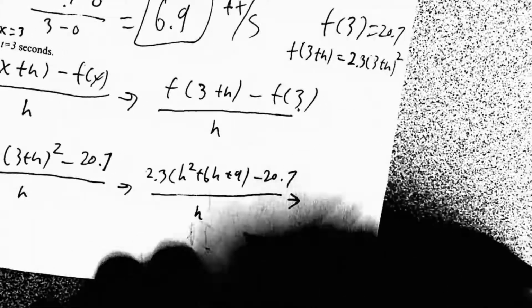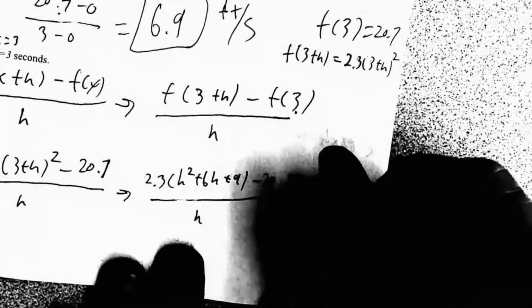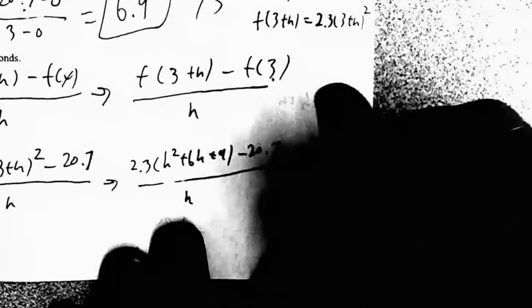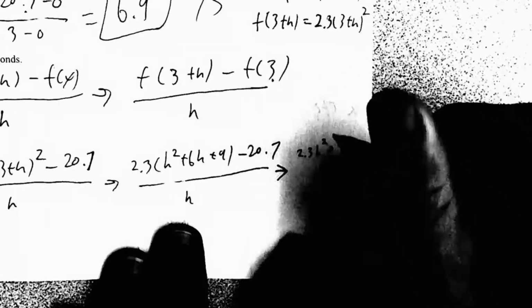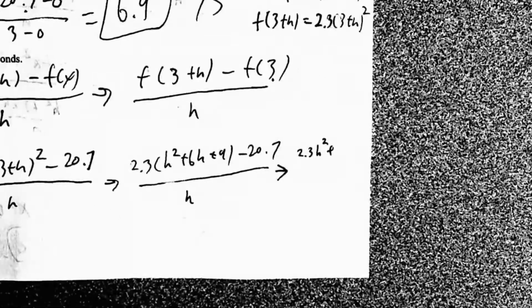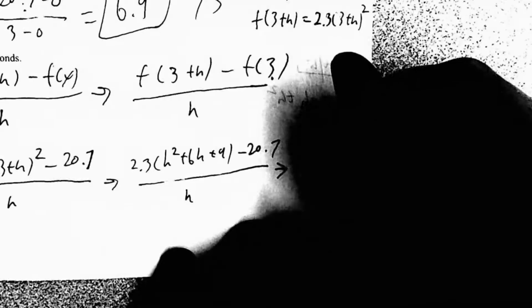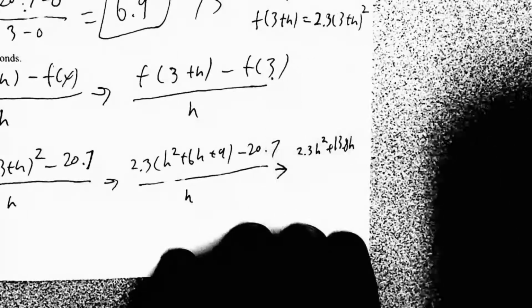I'm just multiplying out the 2.3: 2.3 h squared plus 2.3 times 6, which is 13.8 h.